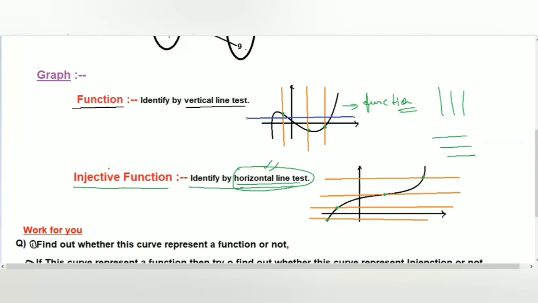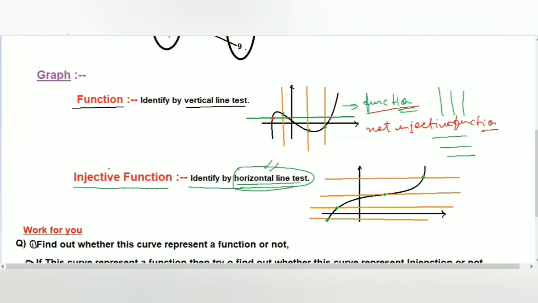See, this horizontal line intersects this curve more than once, but a vertical line intersects the curve only once. So this is a function but not an injective function. Okay, so this way we will identify an injective function.